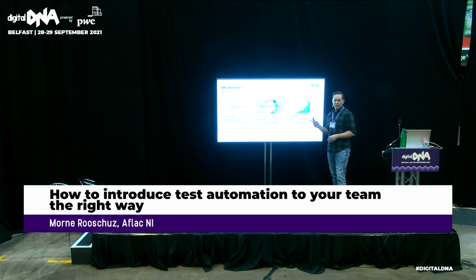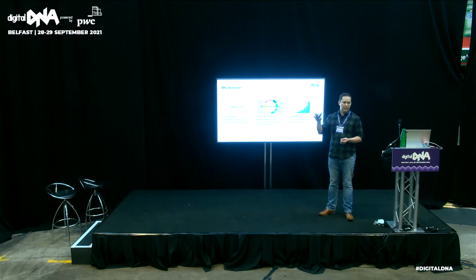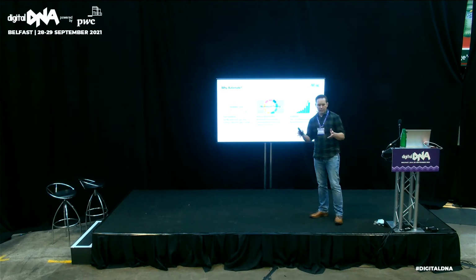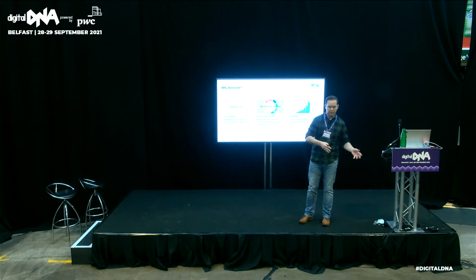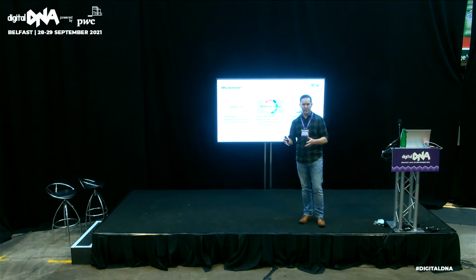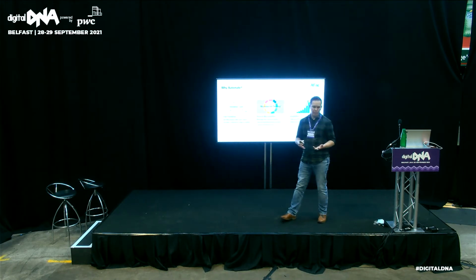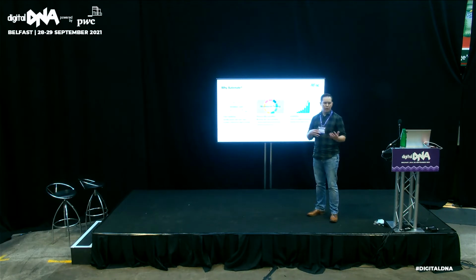Before we get started, an important thing to talk about is why we want to introduce automation in the first place. A couple of things we want to look at: first, we want fast feedback. In a traditional system, you have a development phase, then a testing phase that takes time, and you get your feedback a couple of days later. As a developer, it takes time to know if you made a mistake.